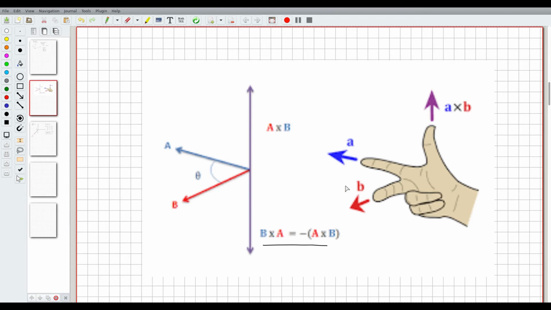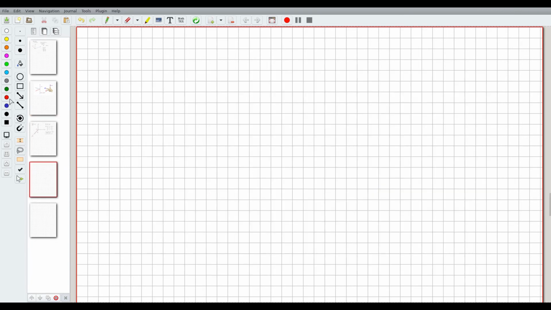Now, let's do an example dealing with the right-hand rule. We'll draw another coordinate system: z, y, and x again.